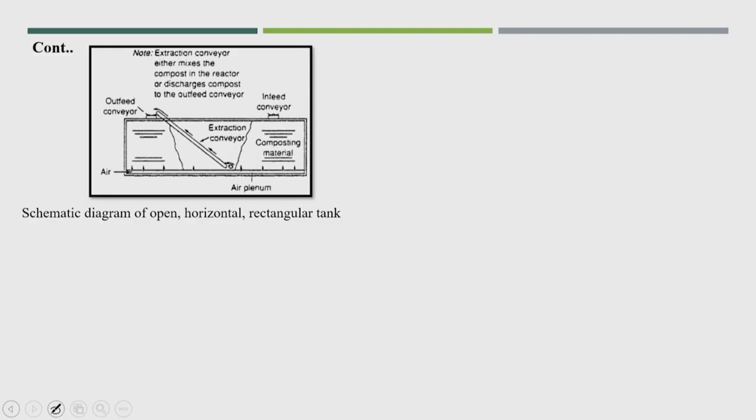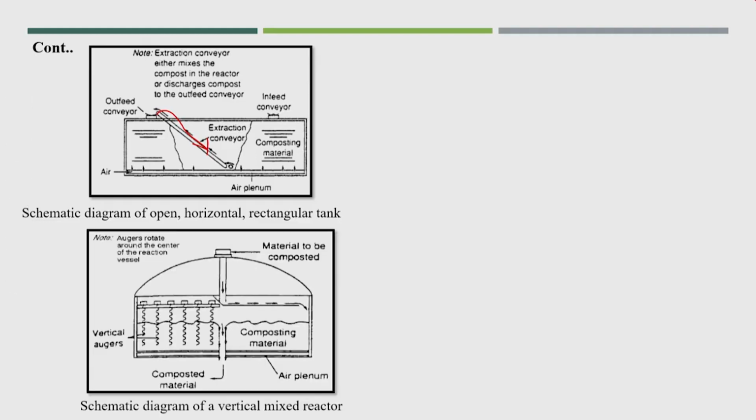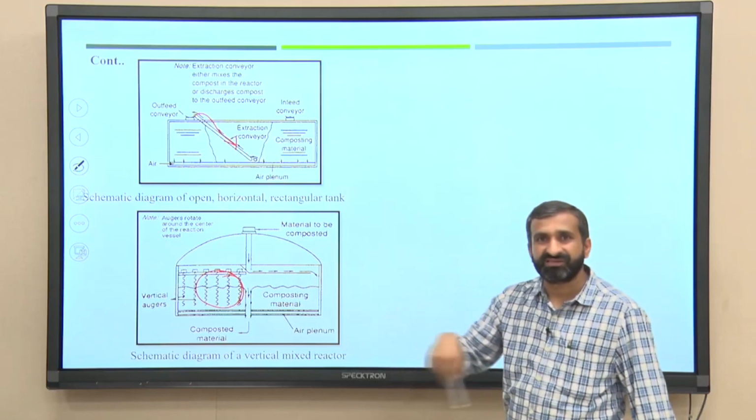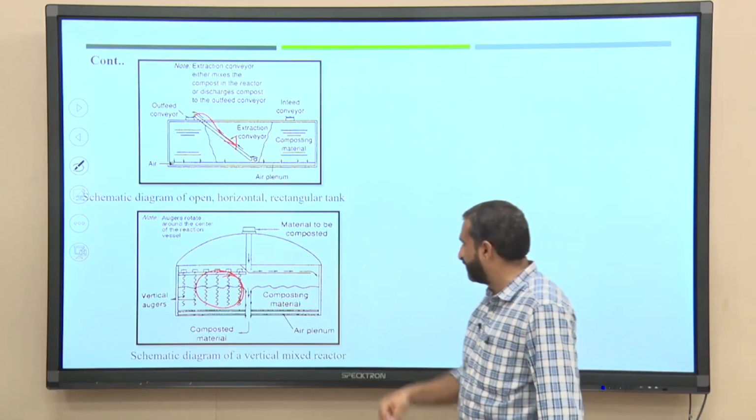It is similar, only here a conveyor is provided for feeding the material inside the reactor. This is another, the vertical mix reactor. Here augers are provided so that mixing is also possible, so that the entire waste degrades together.